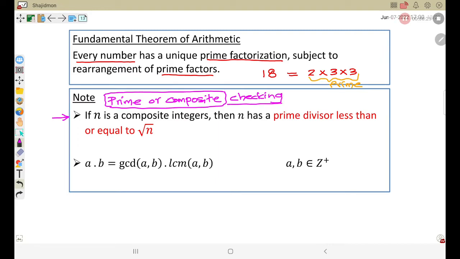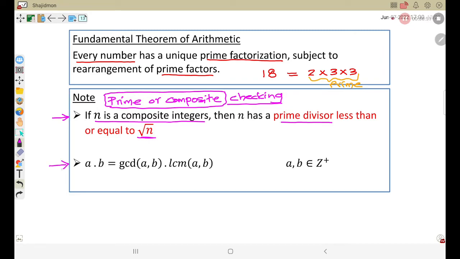What is that rule? If n is a composite integer, then n has a prime divisor less than or equal to root n. If a number is a composite number, that number should have a prime divisor less than or equal to root n. I will explain more about that when we are doing questions.